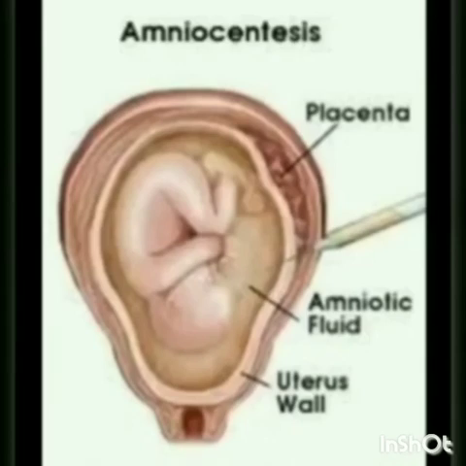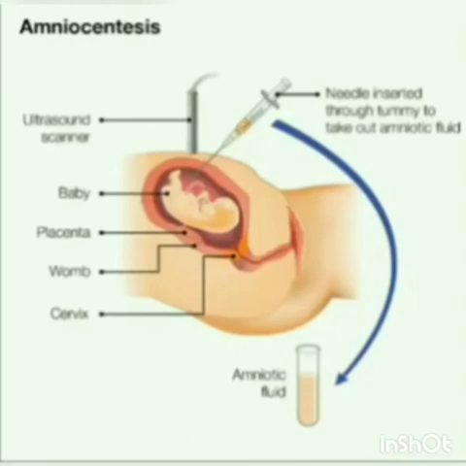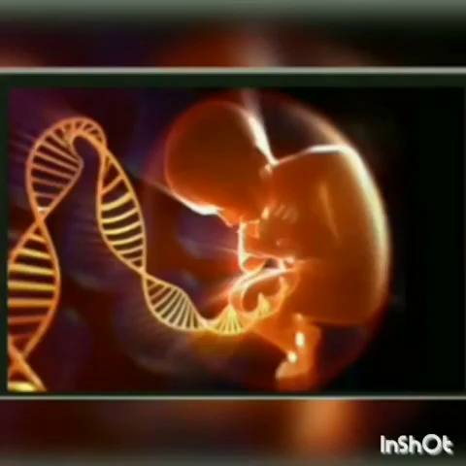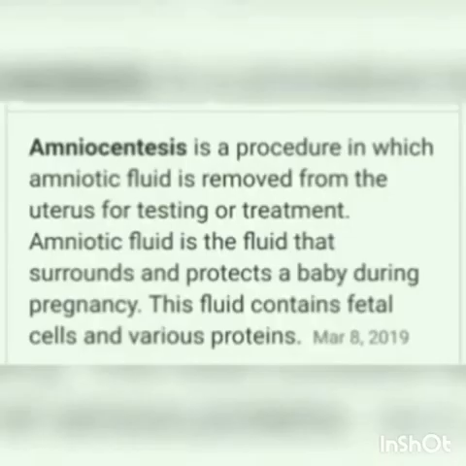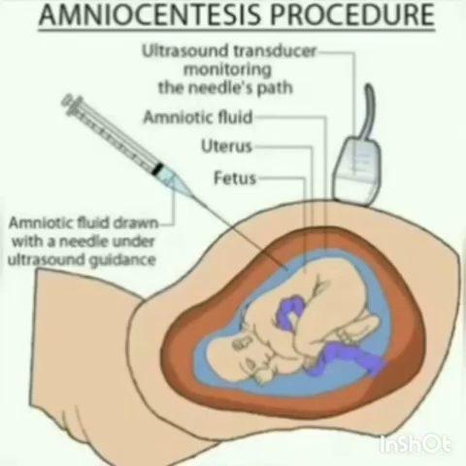Next we move on to amniocentesis. You might have studied this in previous classes. Amniocentesis involves taking a small sample of amniotic fluid that surrounds the fetus to diagnose chromosomal abnormalities. Amniocentesis can also be used to find out the sex of the fetus, but this is banned; it can be used only to learn about chromosomal abnormalities in the fetus.